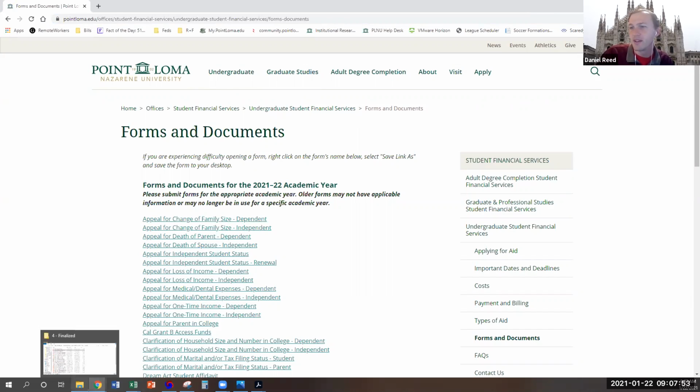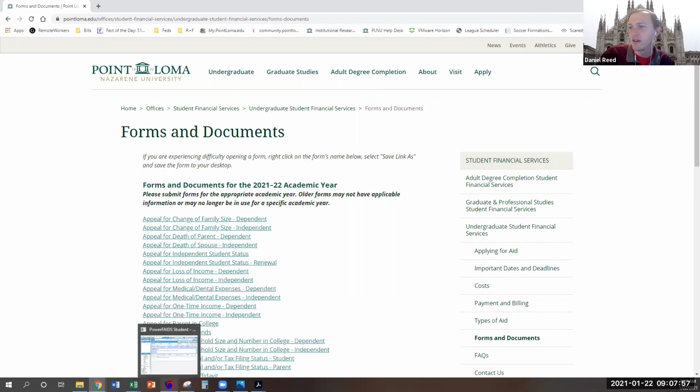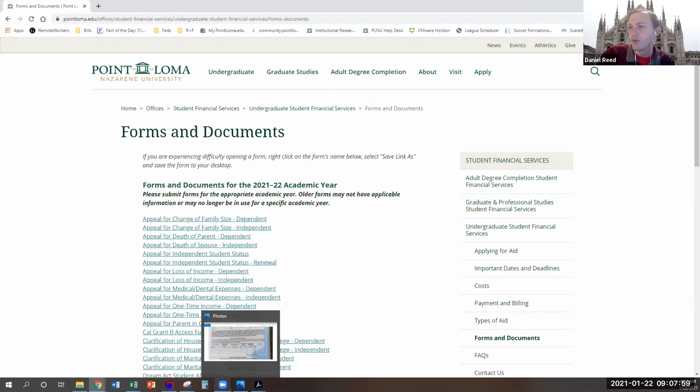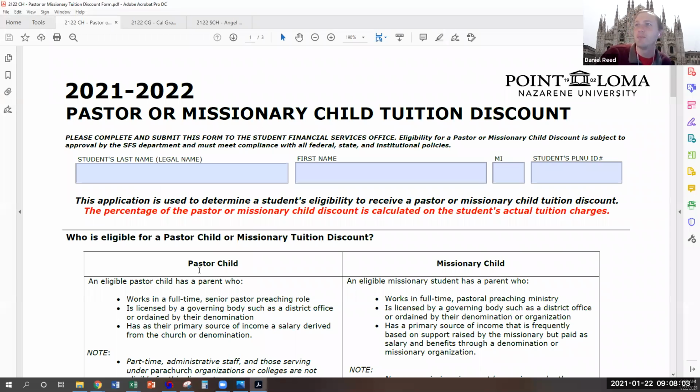So I'm going to take a look at a few of the forms that were updated. One of them being our pastor or missionary child discount form. We had some confusion this year about who gets an update, who gets a full form, who has a new pastor child initial form, and who has a revised list.